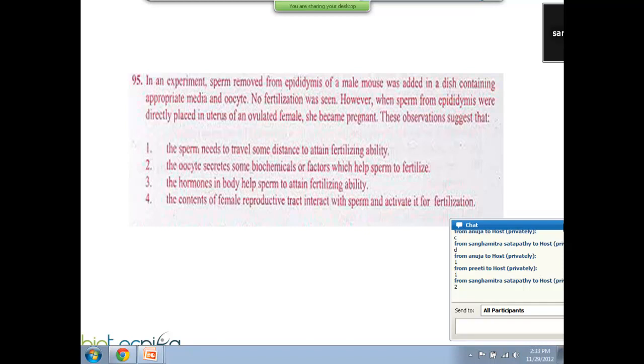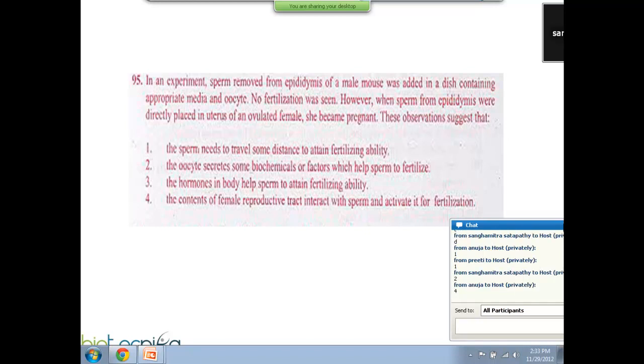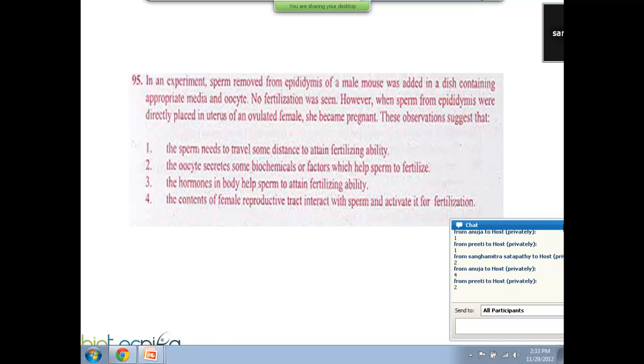Anuja, Preeti, what is the answer? Sangamitra. Preeti, what is the answer?